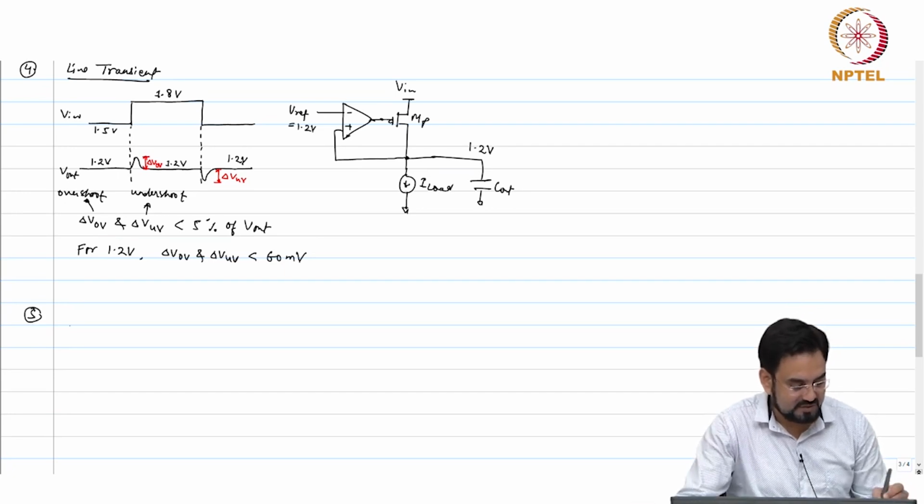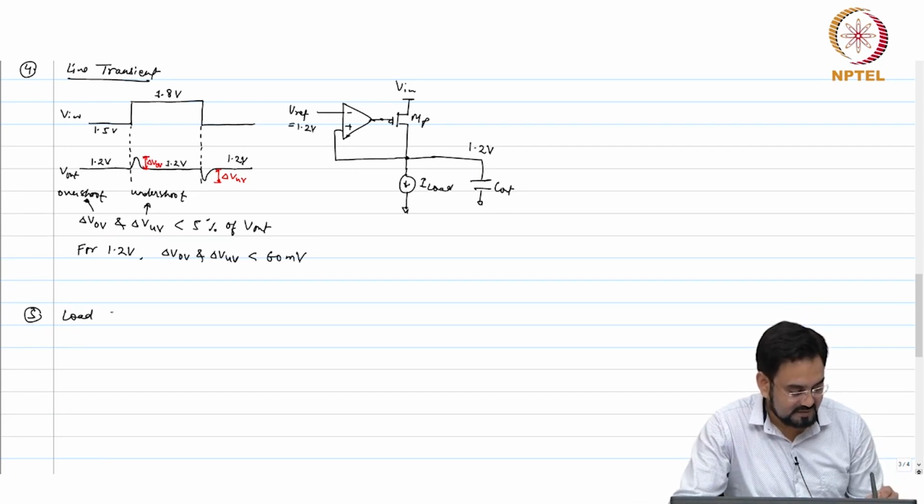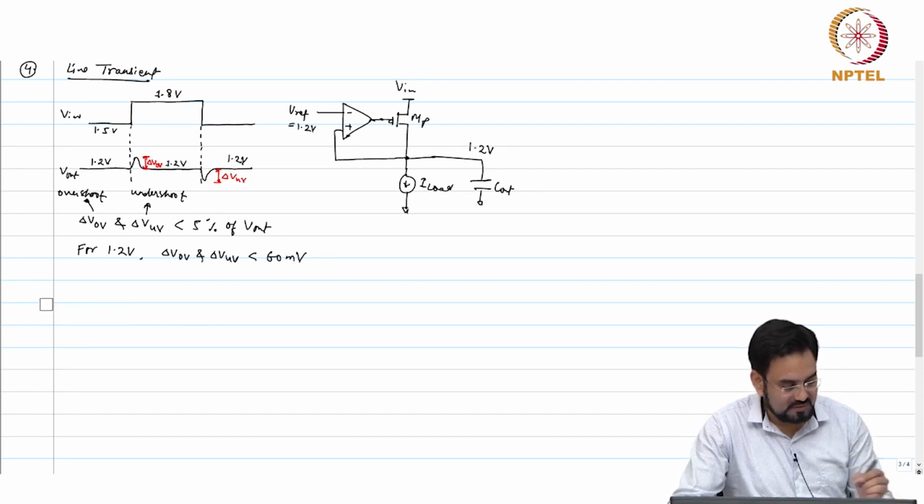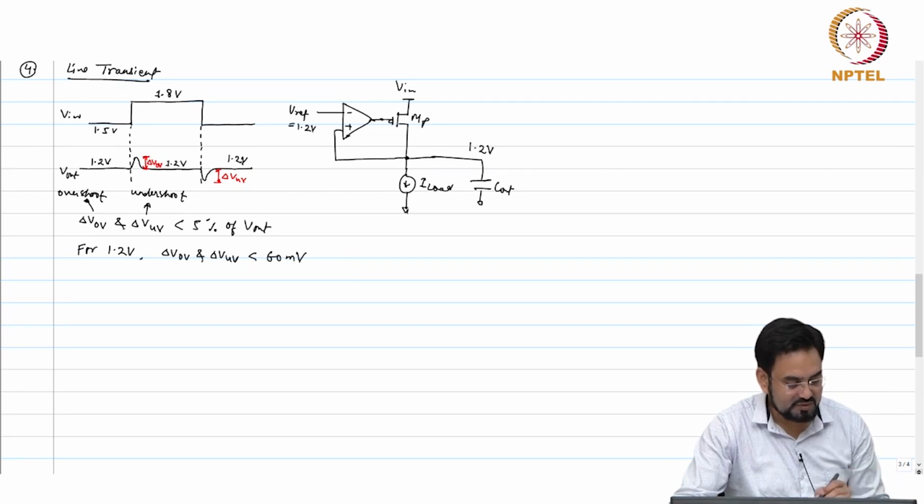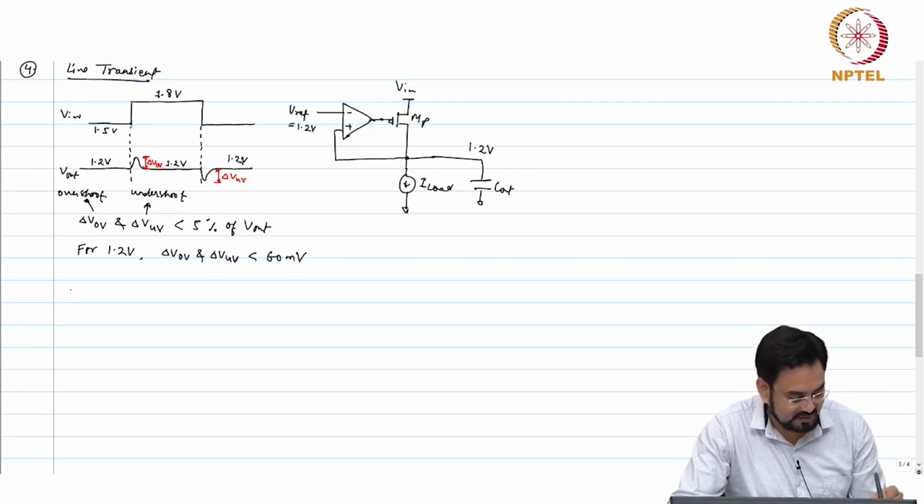So, next one is your load transient. Yeah, anyway. So, other than this undershoot and overshoot, we have one more transient spec called settling time.